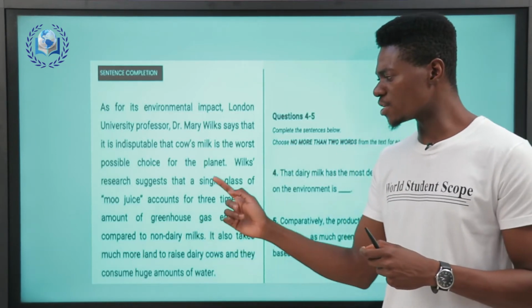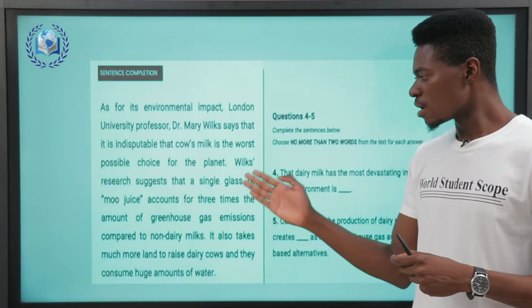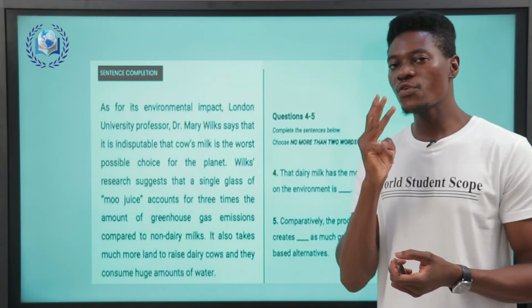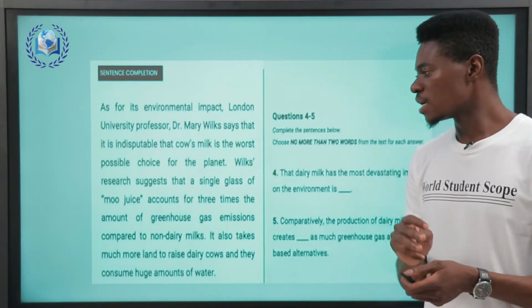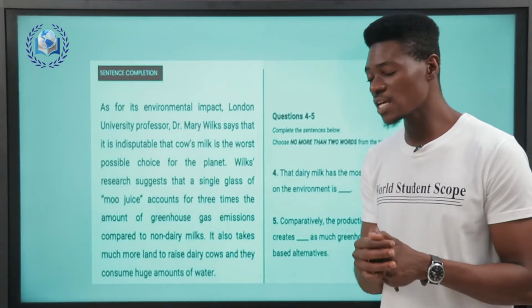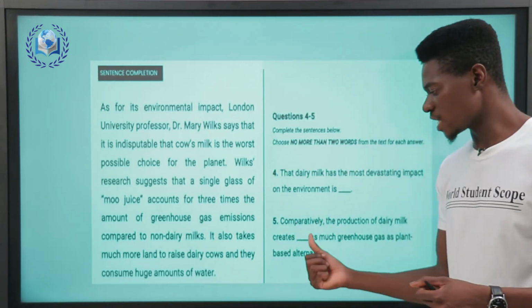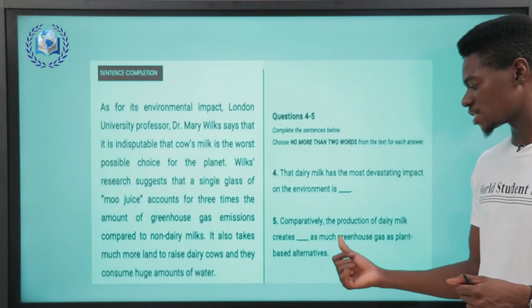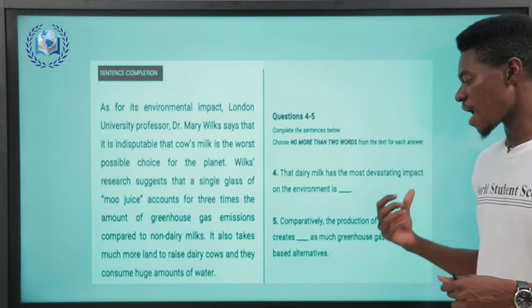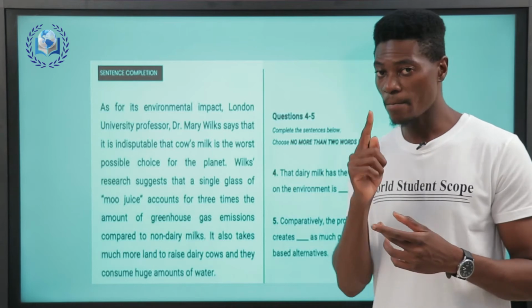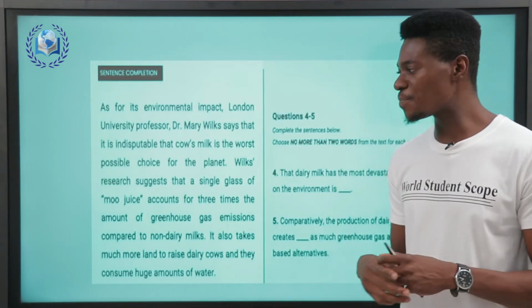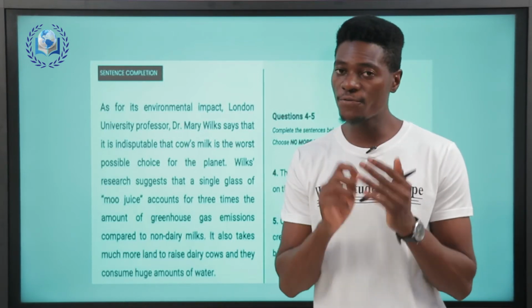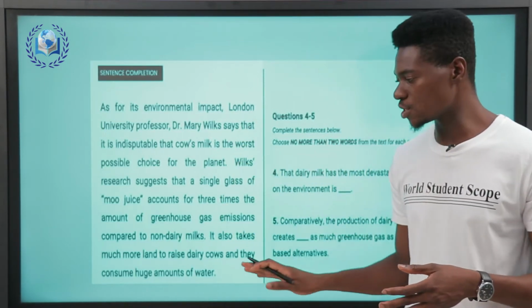And when they do comparison, they told us the milk accounts for three times the amount of greenhouse gas emission. So your answer here will be creates 3 times as much greenhouse gas as plant-based milk. So it is very simple when you check your keyword, understand the question, then find the answer from the passage.